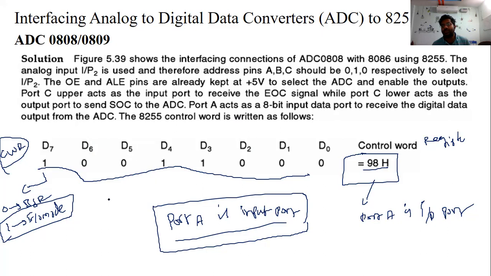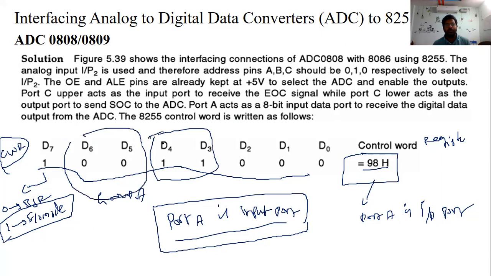Once you know the CWR, group A or group B: for suppose I can work as group A, with port A as an input port. You can select group A and group B by these lines. Then the remaining lines are for port A or port B. See, for an input port or output port, simply a 1 makes it an input port.